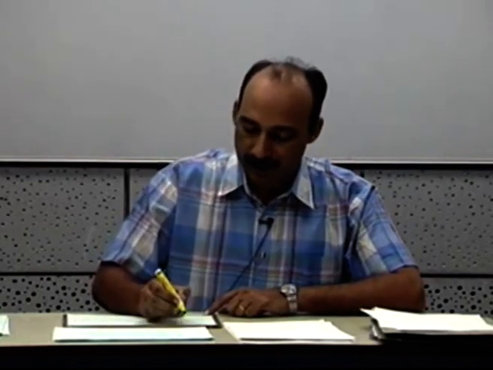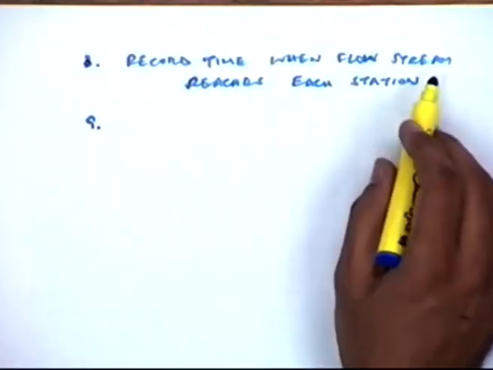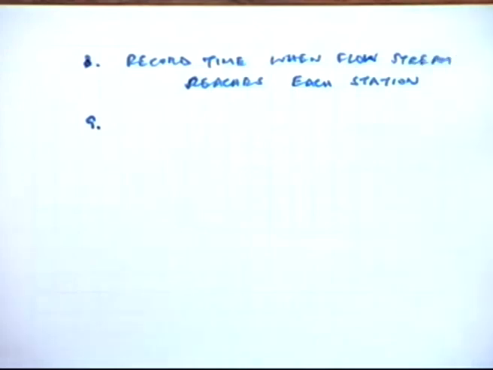So there can be some discrepancy, and it might be found later on that you cannot make out what observation belongs where. So this is a long, time-taking procedure. It has to be done in a very systematic manner. This is also why we record the time when the water reaches each individual station, because we want to find out what is the advance curve.